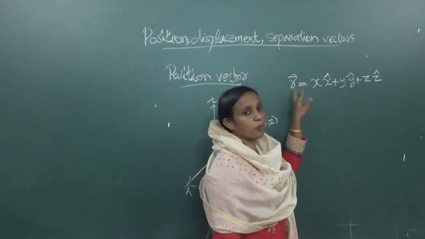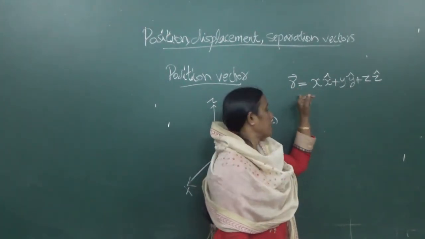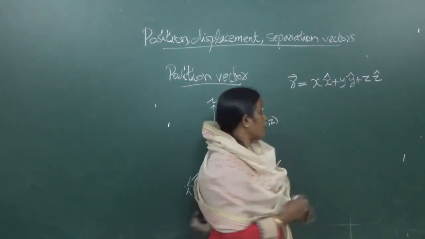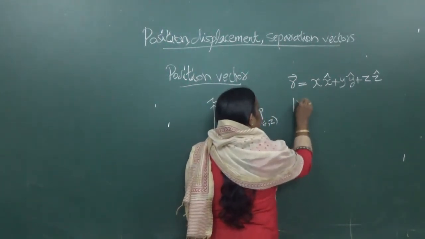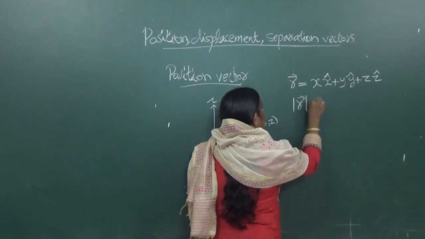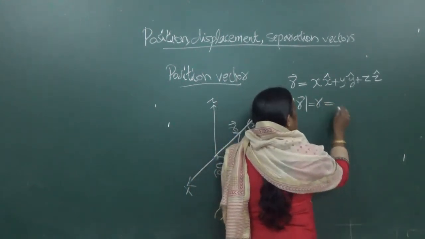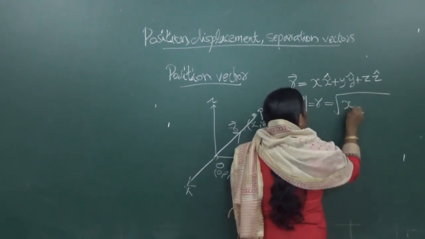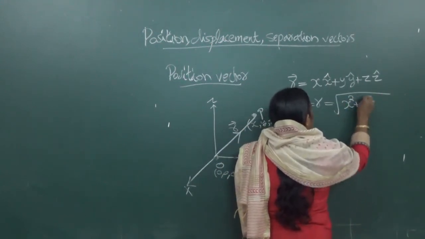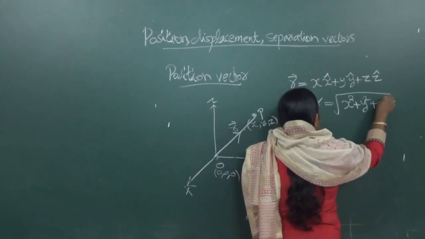So this is the position vector of the point P. What about its modulus? Let the modulus of this position vector be R. This R is equal to the root of x square plus y square plus z square.